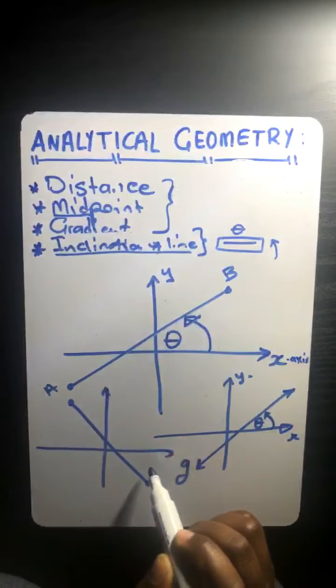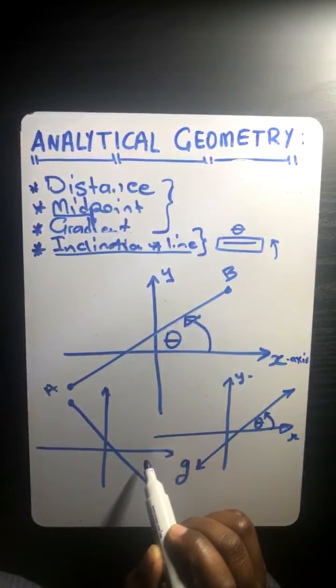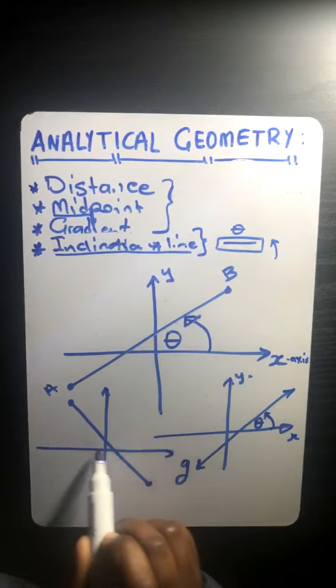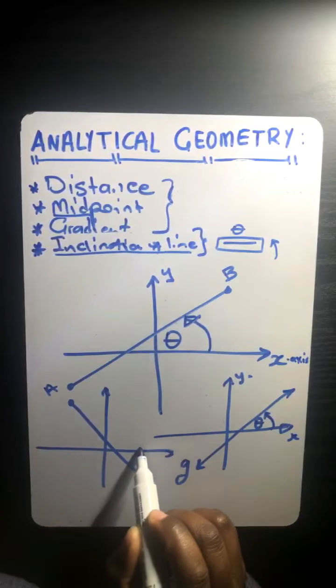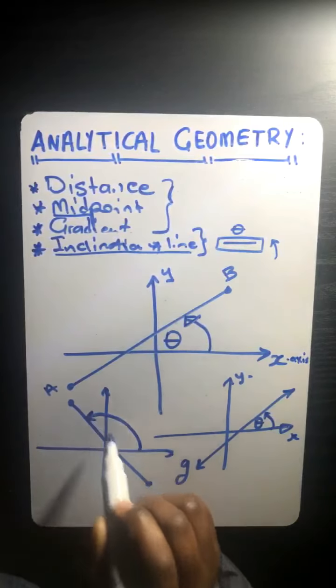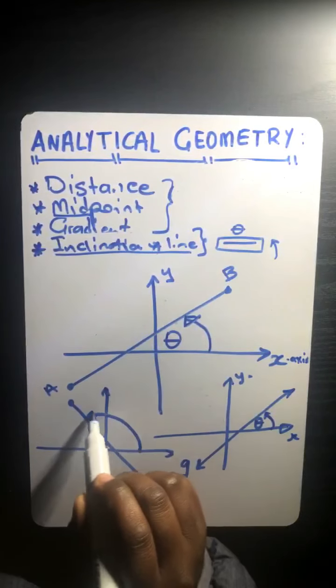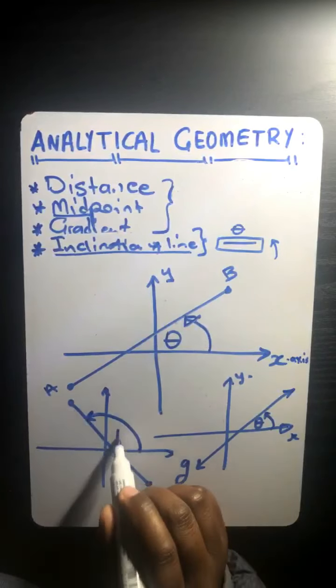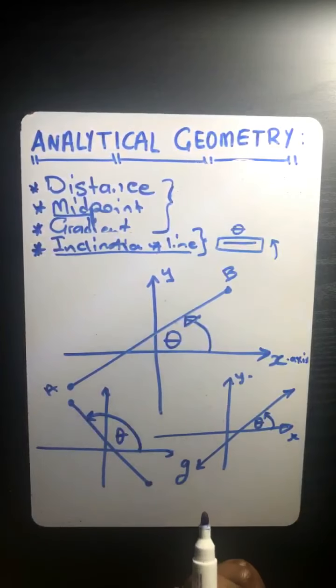So this is the angle from the horizontal in an anti-clockwise direction up to where it touches that line. This is what we call the angle of inclination.